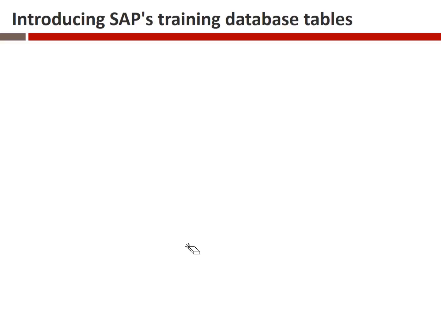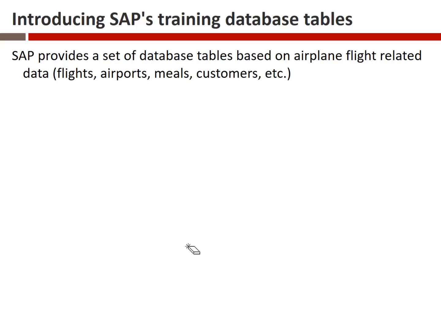We also have a system that, although it has everything we need for ABAP development in it, doesn't actually have live customer data and other things of that sort. So SAP provides in the system the ability to create a set of training database tables based on airplanes and airports and flights and things of that sort. And so we're going to make use of that a lot in programs that we write this semester and in demos we'll do in class and things of that sort.